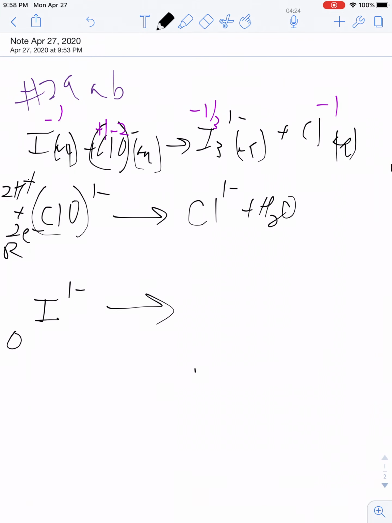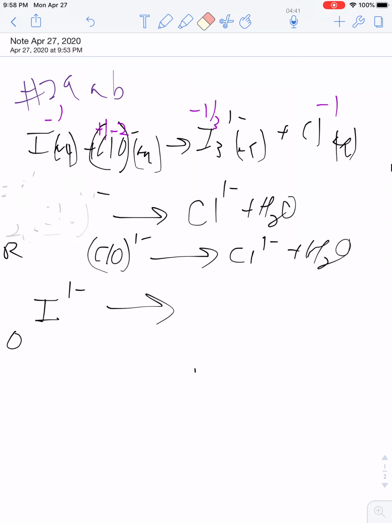Okay? So let me rewrite that so it looks a little more intelligible. There we go. So the charge is balanced.